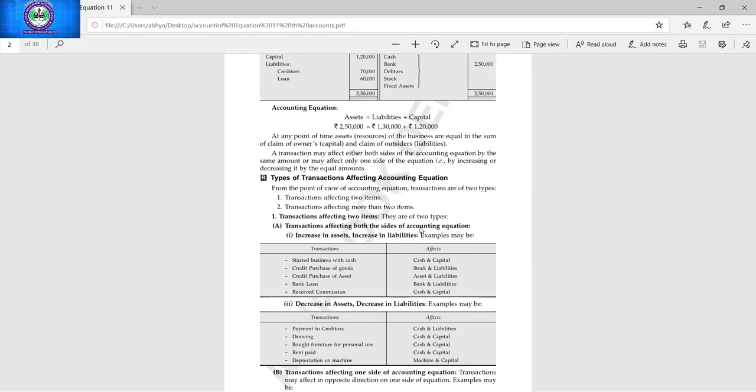Now my next example: suppose you have started business with 5 lakh. So you must be having cash of rupees 5 lakh, and on the other side of the equation, you must be having capital of rupees 5 lakh. After 1 year, you want to expand your business, and for expansion you need more funds.